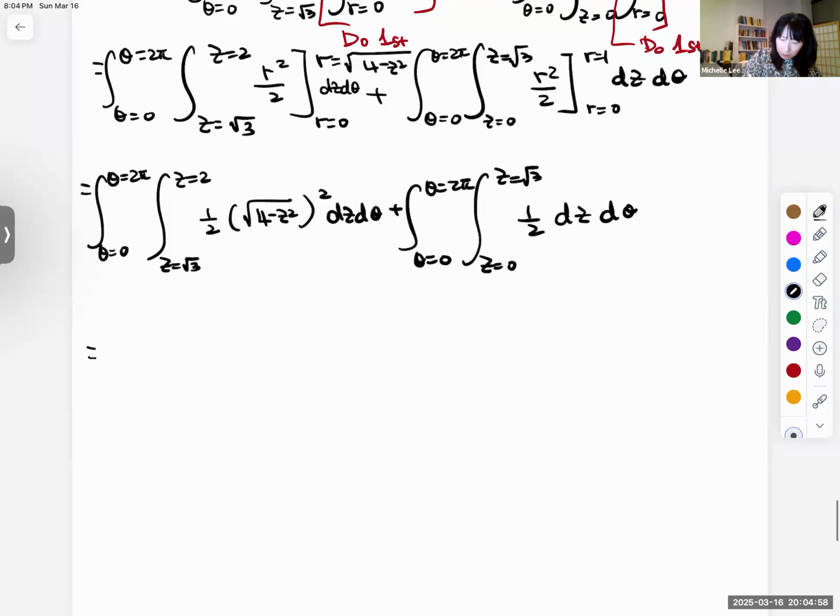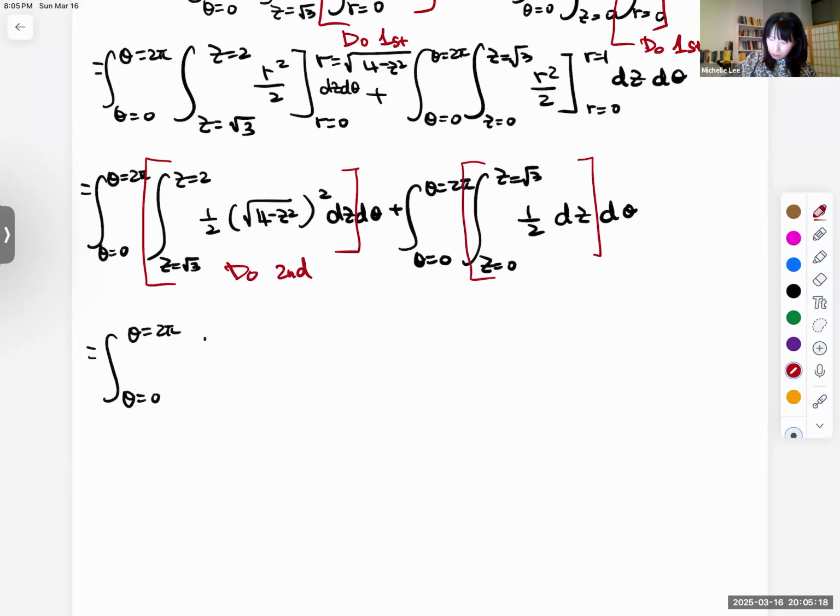Left side, theta from 0 to 2 pi. And then we integrate with respect to z. There's only one variable in the second one.